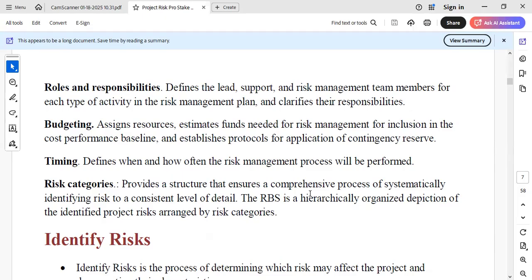We're talking about a structure that will ensure a comprehensive process of systematically identifying the risk to a consistent level of detail. This category may speculate the risk breakdown structure. When we say risk breakdown structure, we're talking about the hierarchical, organized depiction of the identified project risk arranged by their categories.